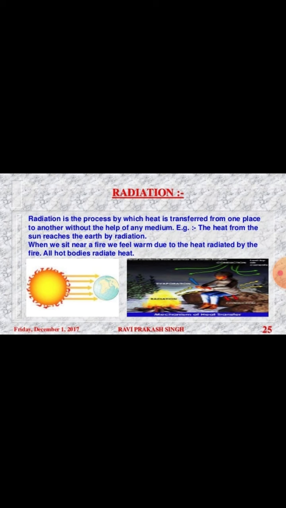For example, the heat from the sun reaches the earth by radiation. When we sit near a fire, we feel warm due to the heat radiated by the fire. All hot bodies radiate heat. Okay, this picture shows radiation. Okay, children.